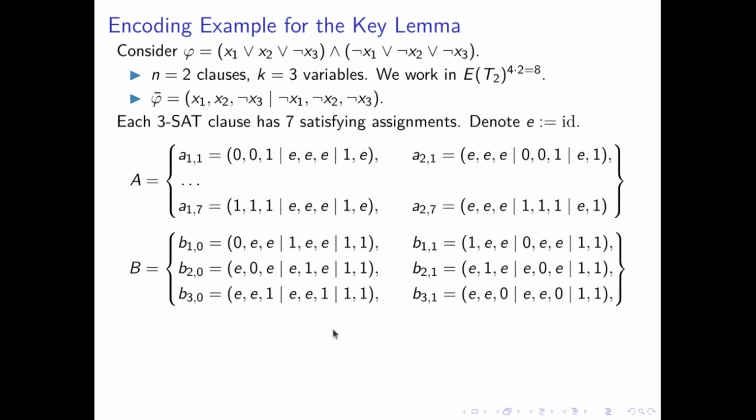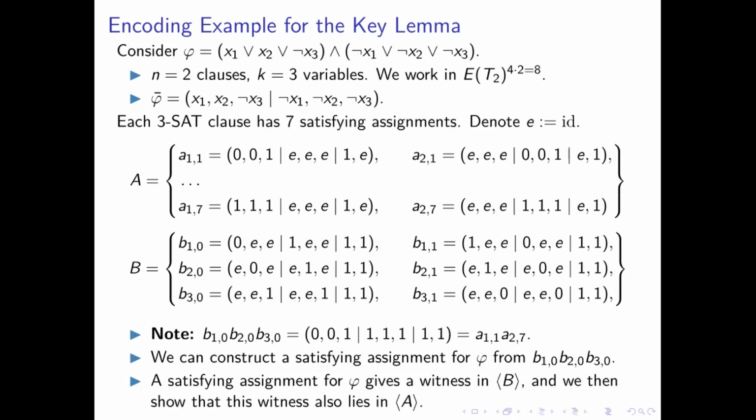On B, it's an evaluation of the term. What B encodes is all possible evaluations. So B10 means that you're evaluating the first term with 0, and B20 means that you're evaluating the second term with 0, and so on. And B11, same idea: you evaluate the first term with 1, and then you evaluate the second term with 1, and so on.